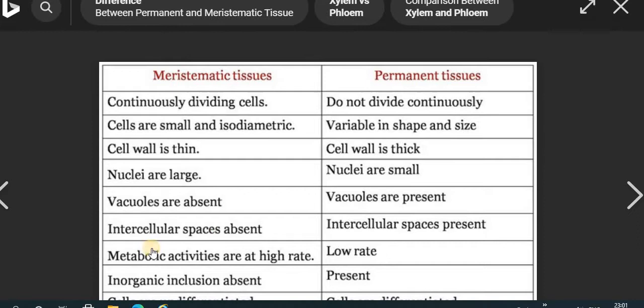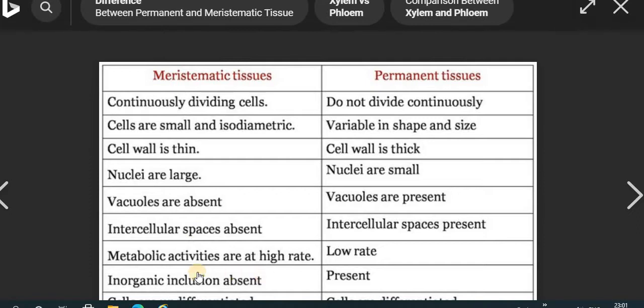In meristematic tissue the intercellular space is absent, meaning all the cells are closely packed to each other. But in permanent tissue the intercellular space is present.